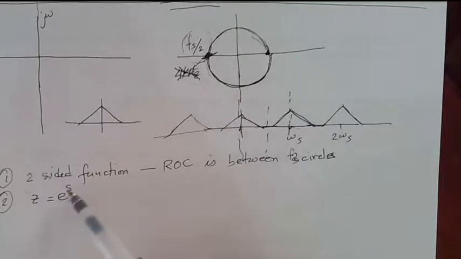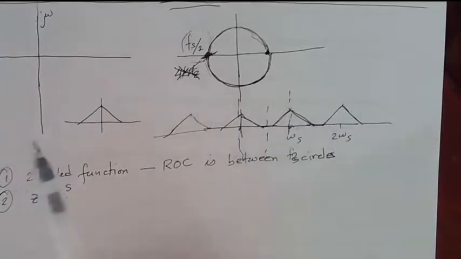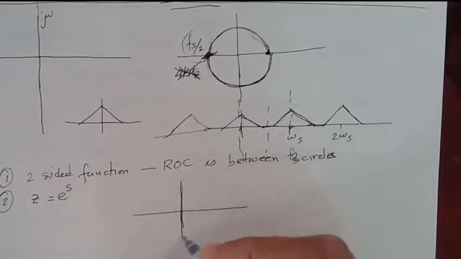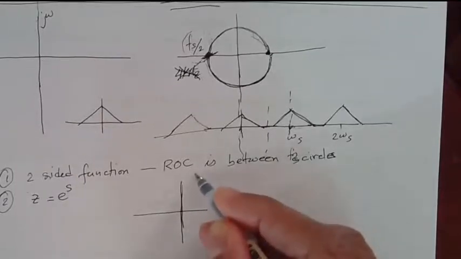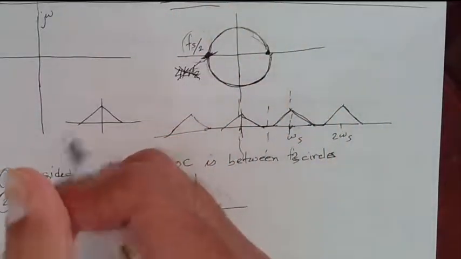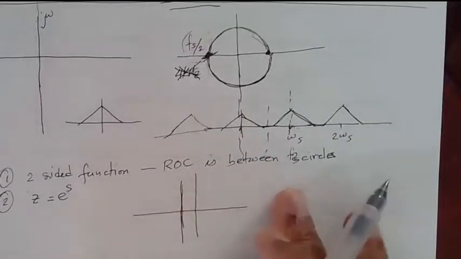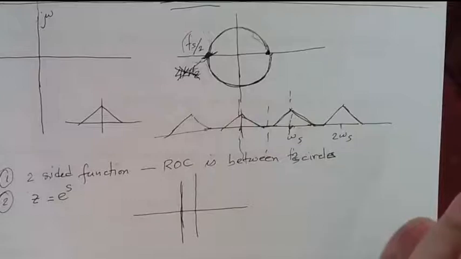If we have a left-sided continuous time function, in the S domain it corresponds to the left of a line, and in the Z domain it corresponds to inside of a circle. So we took a line, and everything to one side of the line maps into the inside of the circle, and everything to the other side maps to the outside of the circle.